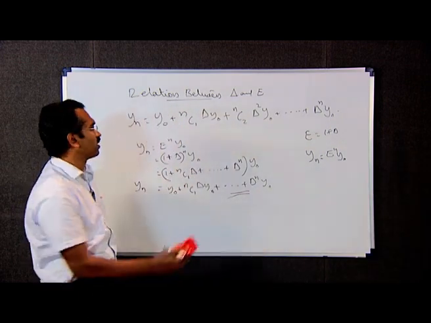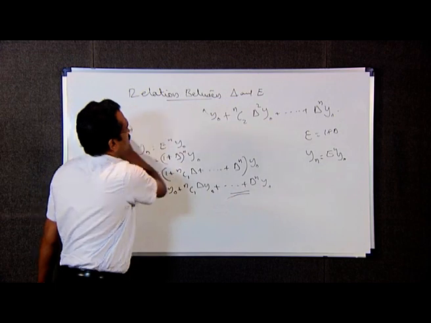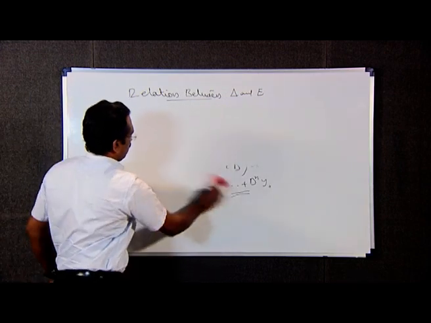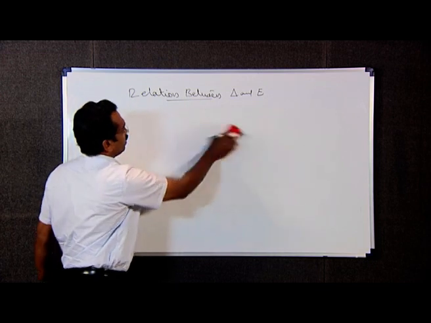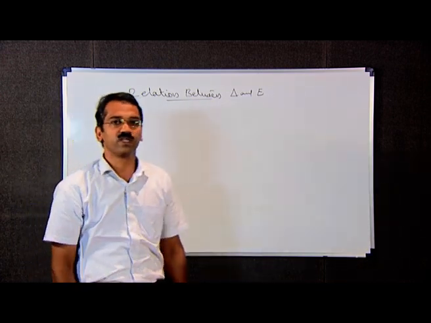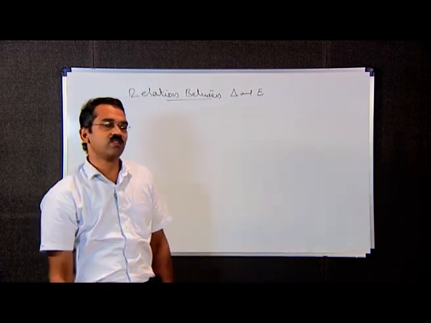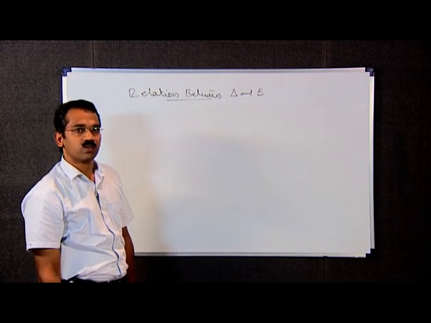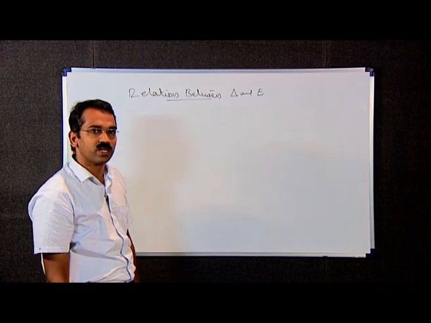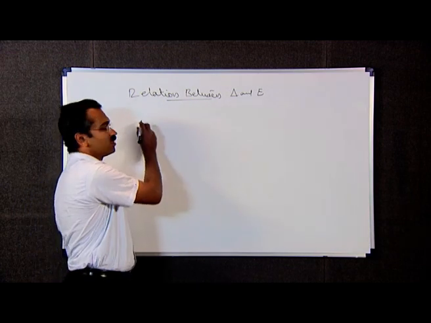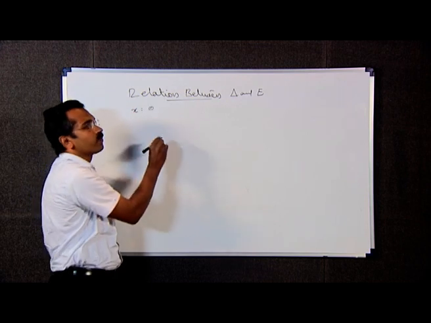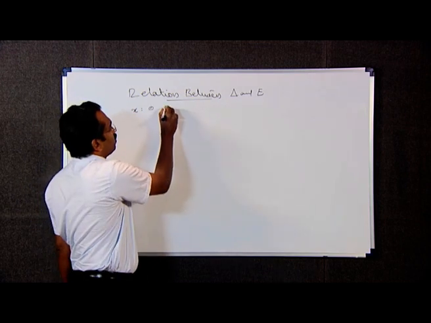Now, we have to work out some problems. The first problem is to find the missing term of a given data. We can use the identity we proved. The question is to find the missing entry of the following table, where the x values are 0, 1, 2, 3 and 4.